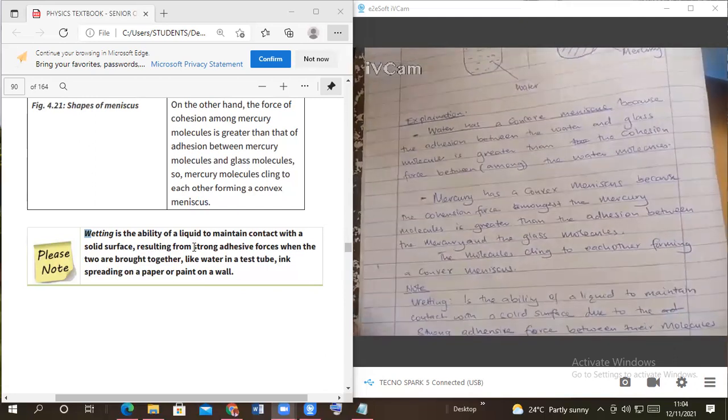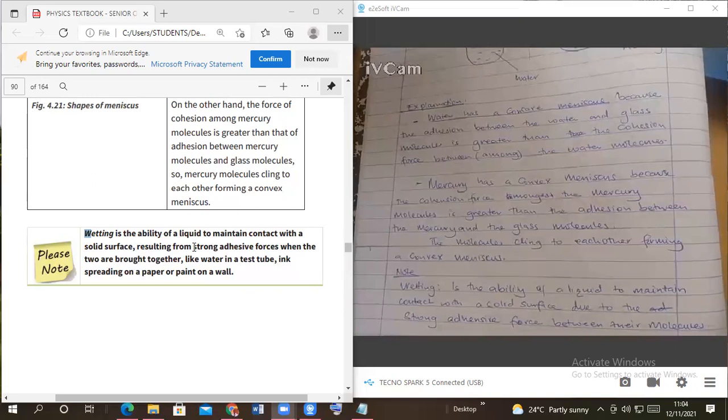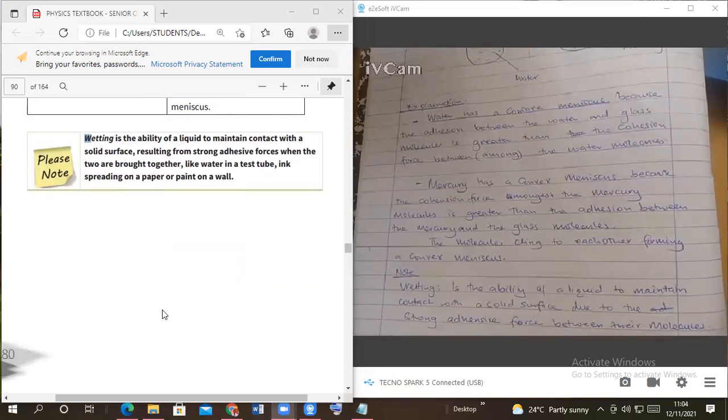Okay. So there must be a strong adhesive force between their molecules. That's what we call wetting.